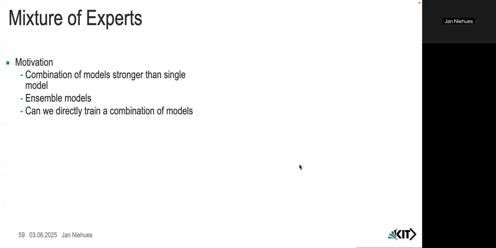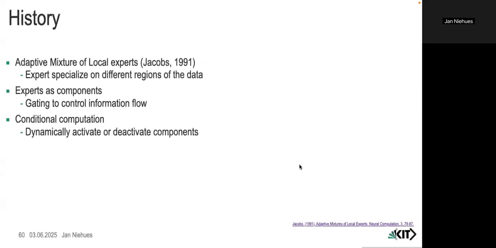So the question, of course, is: can you do better? Can you directly train a combination of models? And this mixture of experts was already done before neural networks. First works were in 91, where you had more rule-based experts doing specific things.